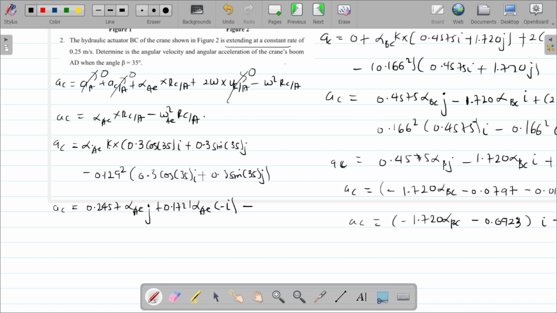So we have minus 0.129 squared times 0.2457, so 0.0041 I minus, and then this time you multiply by 0.1721.